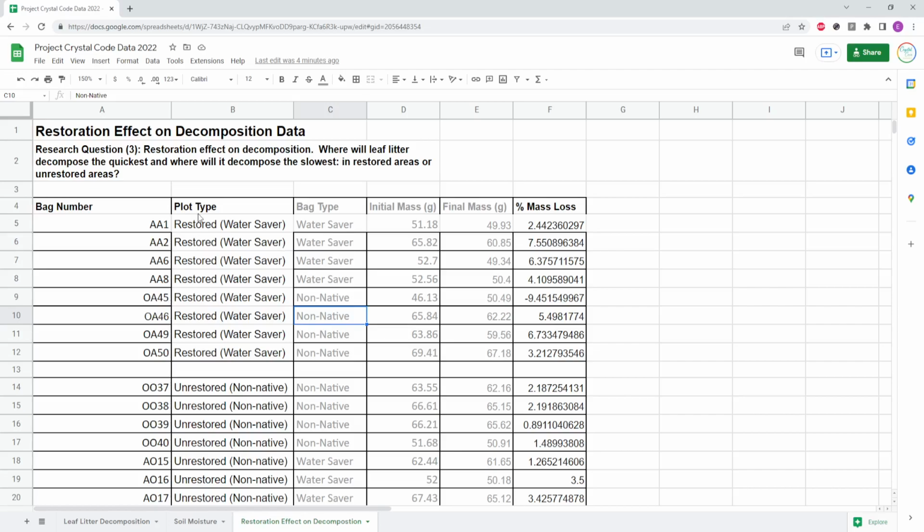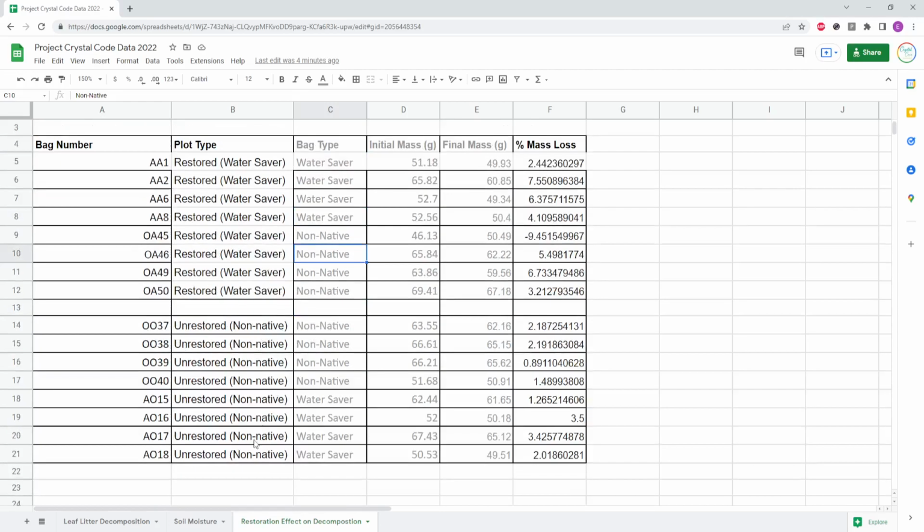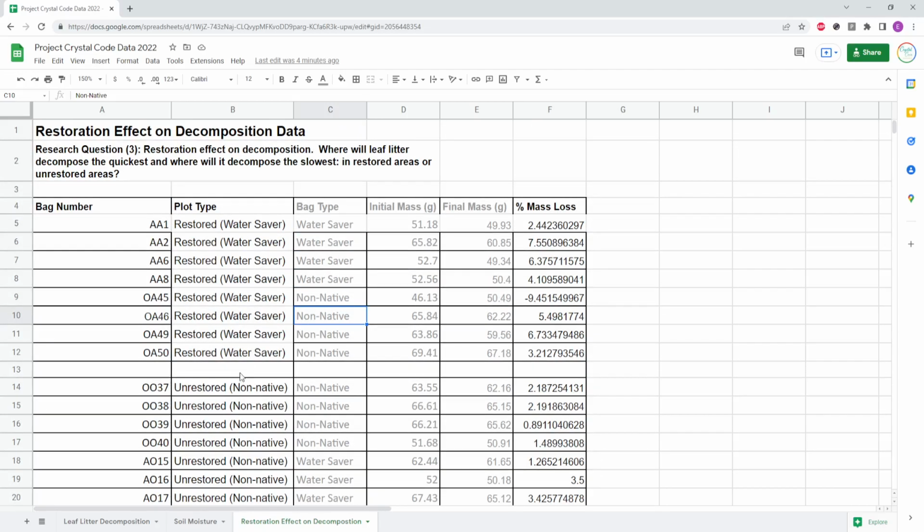So just like before, we'll have a plot type with our water savers and our non-native plots, also known as our restored plots and our unrestored plots. We have the bag numbers for each leaf litter type. The bag type, which will tell you what type of leaf litter is within those bags. And just like before, our initial mass, our final mass, and then our percent mass loss for each individual bag.